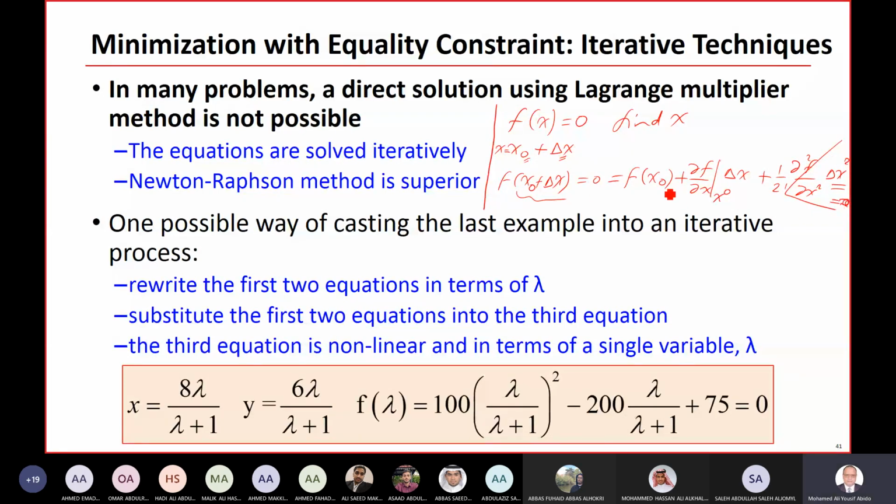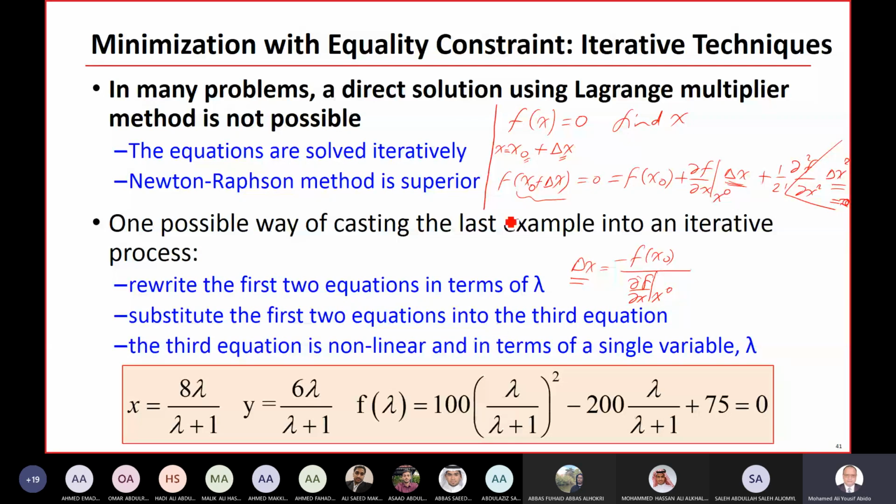Okay, so what we have here is 0 equals f of x0 plus this term. Can we get delta x from this equation? Yes, we can say that delta x equals minus f of x0 over the derivative partial f by partial x, where this derivative is calculated at x0. So this is delta x.